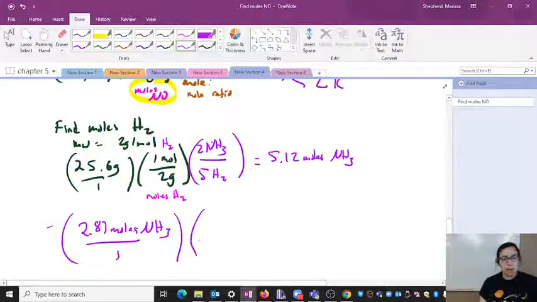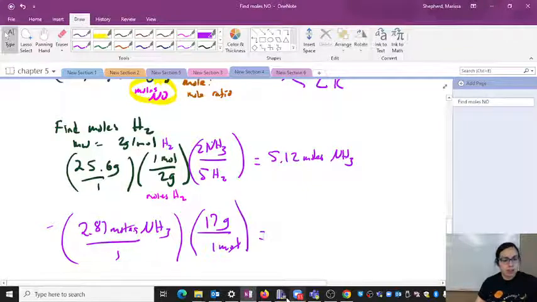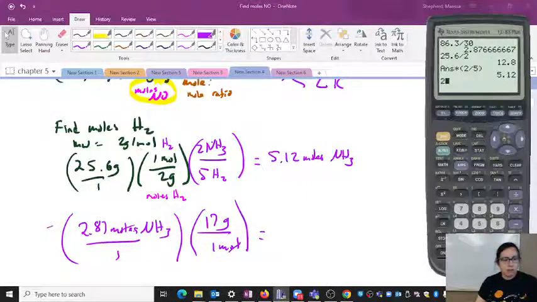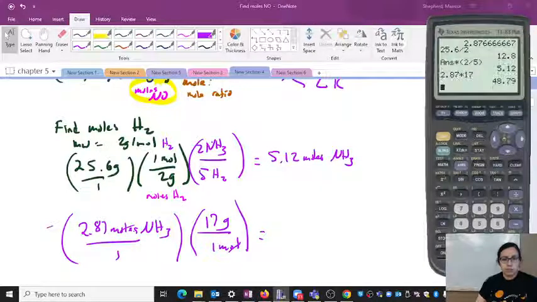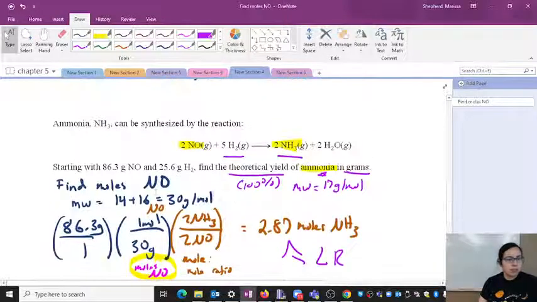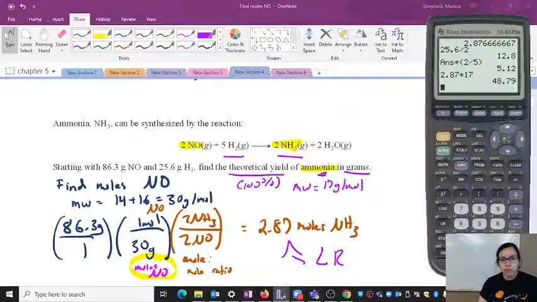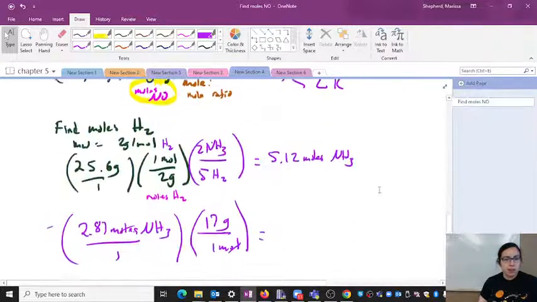We want to multiply it by its molecular weight, so 17 grams per 1 mole. I'm just drawing it all out. And then that gives you your answer. And so you should have that it should make 48, and looking at our sig figs, it should be 3 sig figs, so 48.8 grams of ammonia.